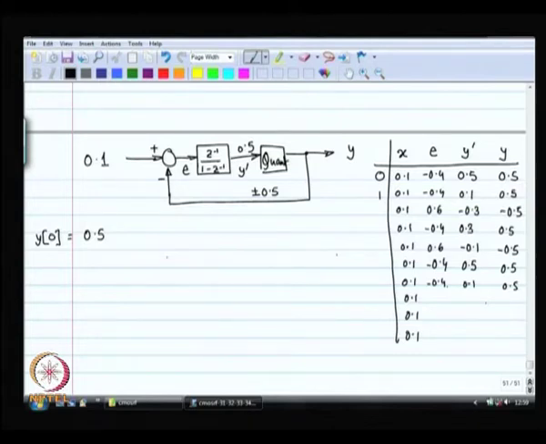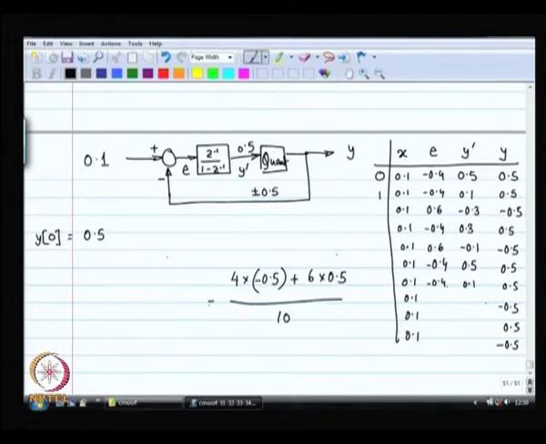What you are going to see is that if you look at 10 cycles, 4 of them are minus 0.5, 6 of them are plus 0.5 over 10 cycles.